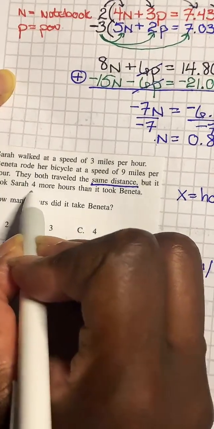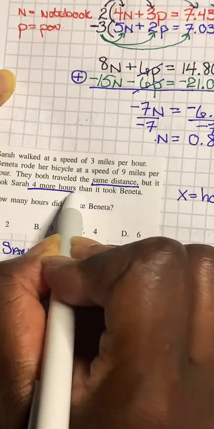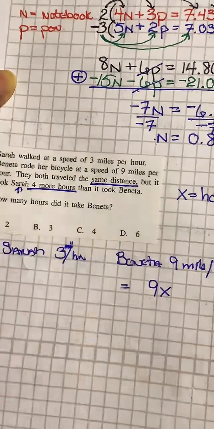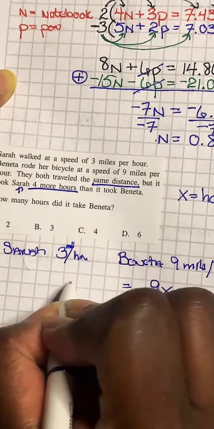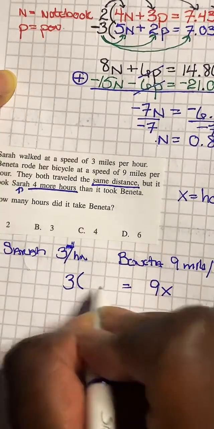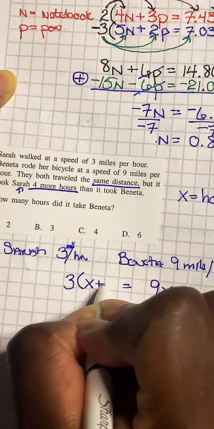But then here's this twist. Sarah has 4 more hours. Sarah, not Benita, Sarah. So couldn't we say 3 times x plus 4?